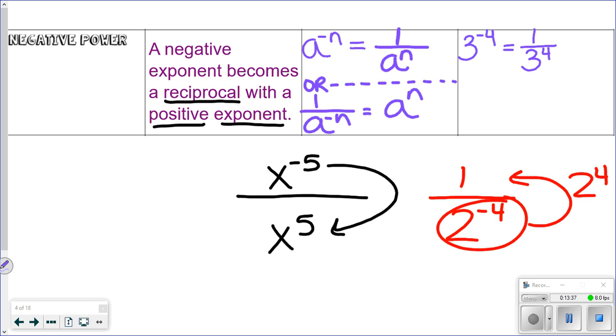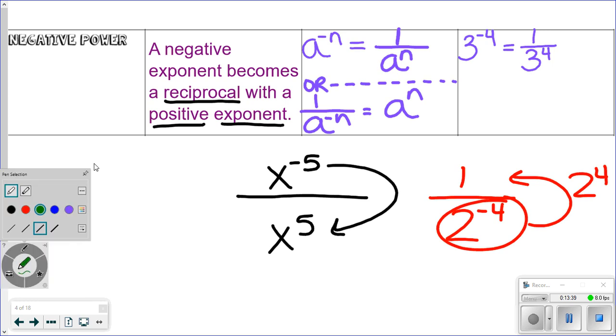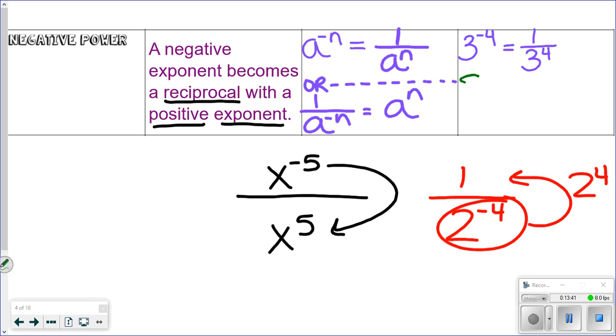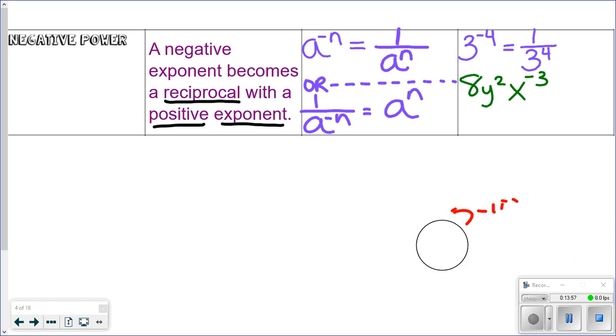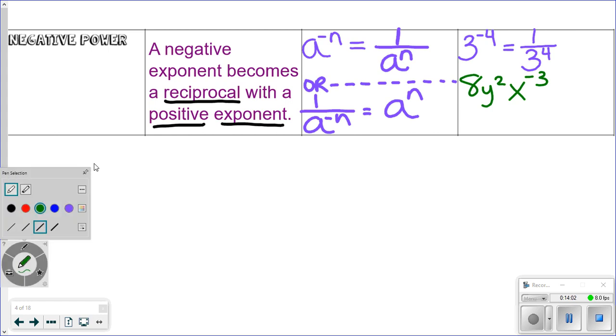Okay, next example. If I had 8y squared x to the negative 3rd power, what currently has a negative exponent? Just the x to the negative 3rd. 8 is happy where it's at.